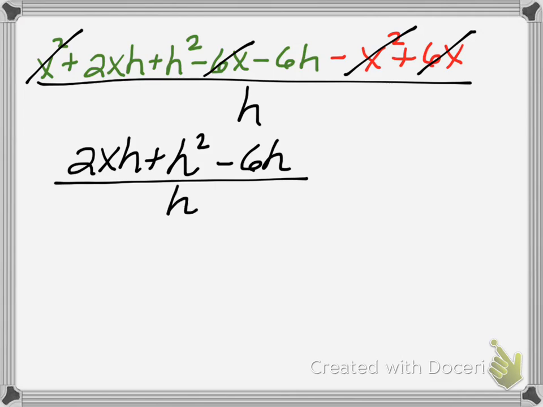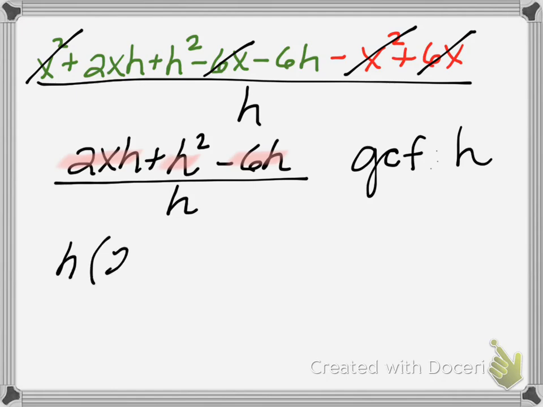Now notice right now there are 3 terms here in the numerator, and they all have an h. So there's a greatest common factor in the numerator, a GCF of h. So we'll factor out an h from all 3 terms.